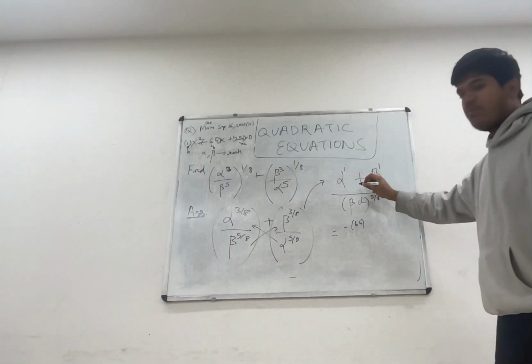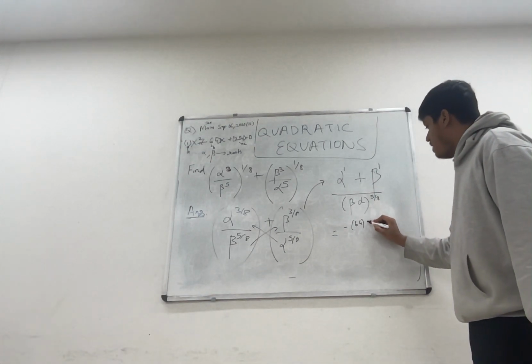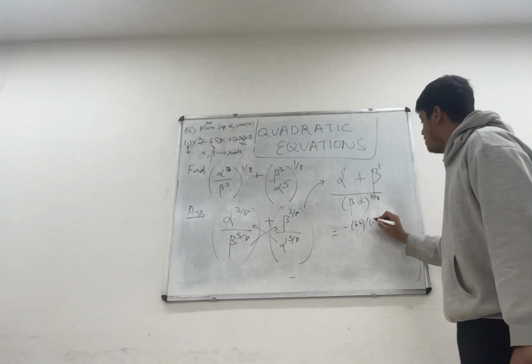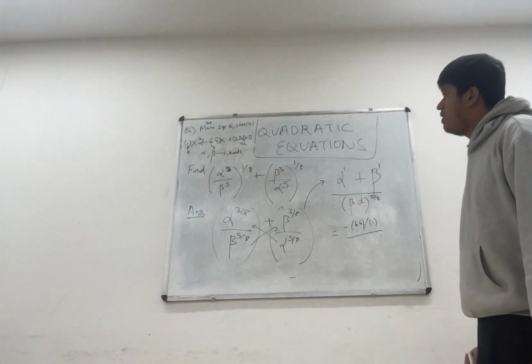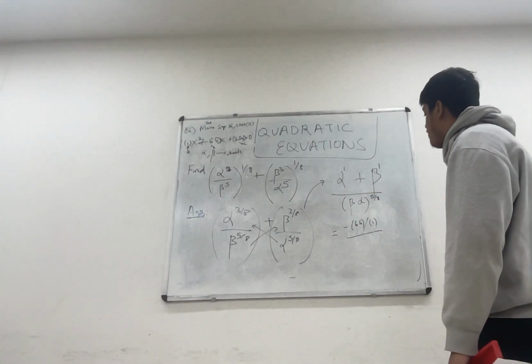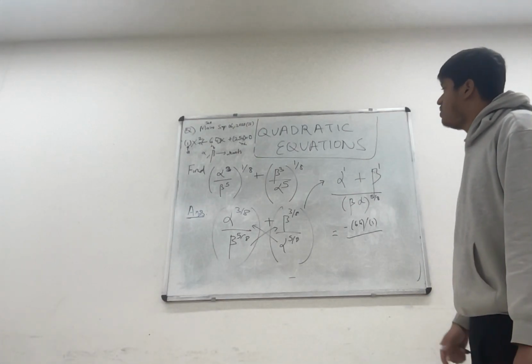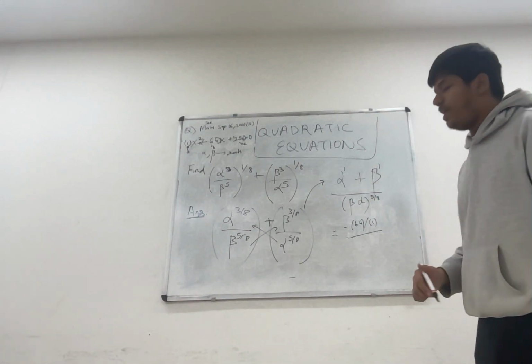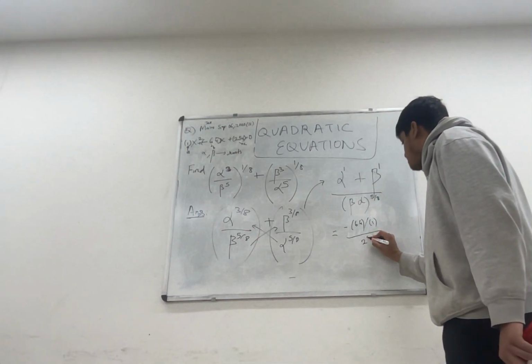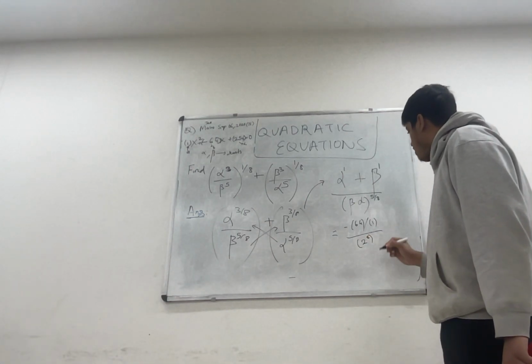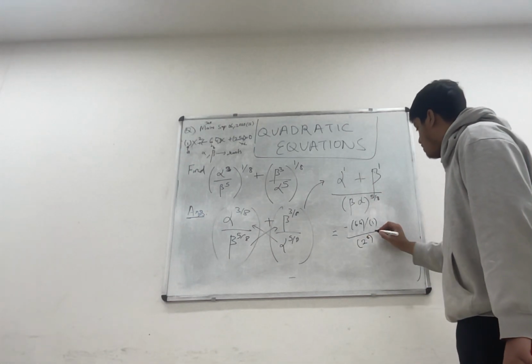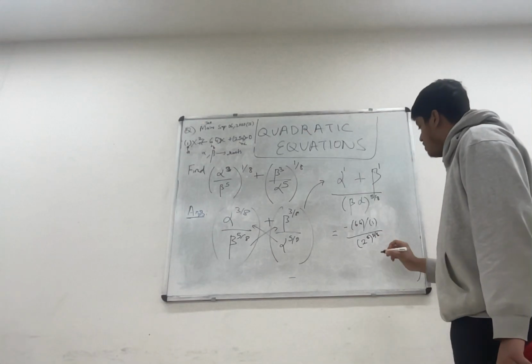So what will alpha plus beta become? Minus b by a, so 64 by 1. And beta into alpha is 256, so 256 power 5 by 8. Now we will do a trick. Write 256 as 2 power 8, and write the power 5 by 8 outside.